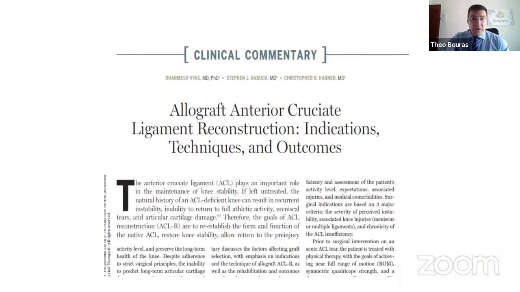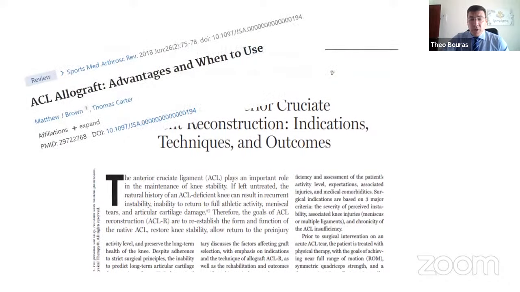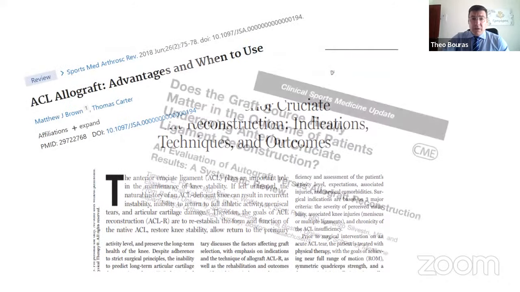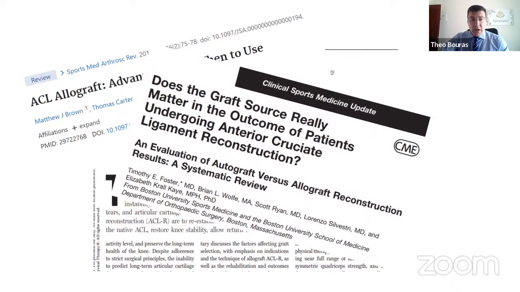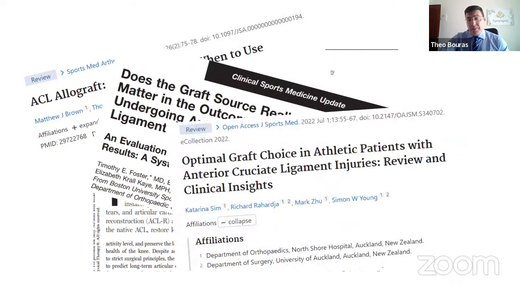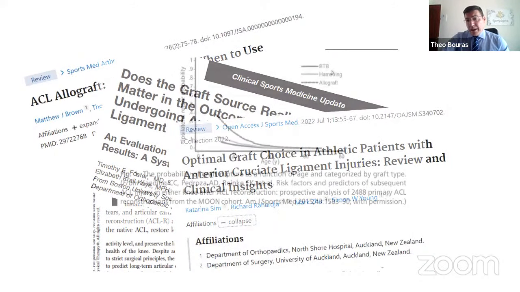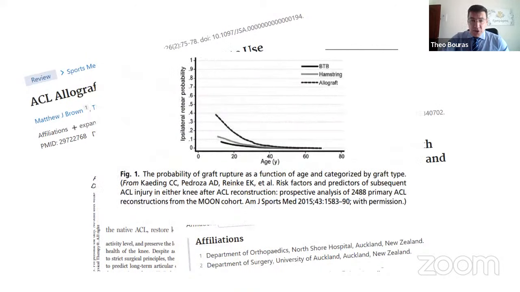Now, there is a bunch of literature on allografts, and all of them say very beautiful things about allografts, but they all conclude that allografts are a viable option for ACL reconstruction. There are comparable results with autografts.